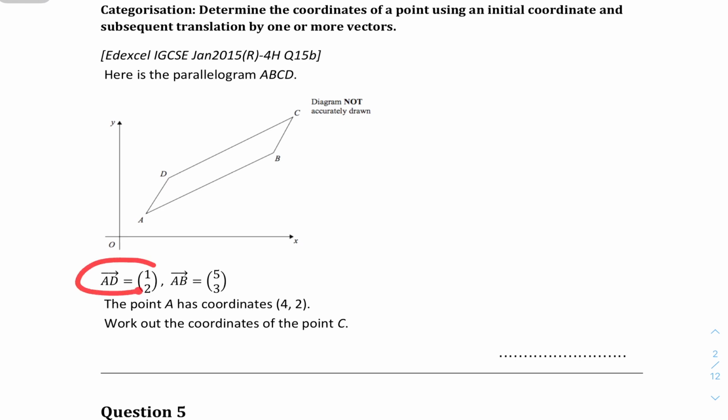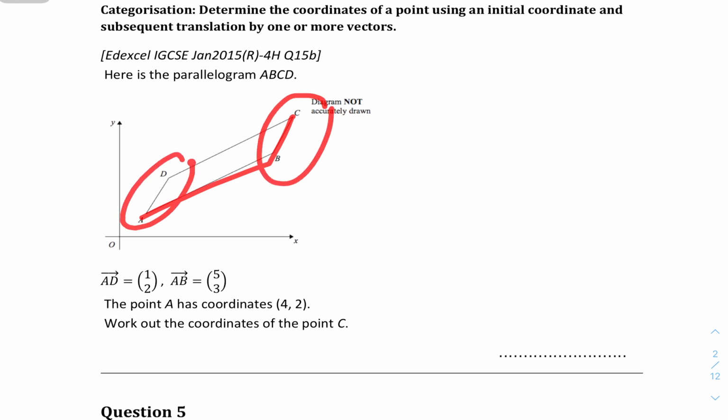So we're given AD, which we can go from here to here, and we're given AB, here to here, A to B. But we need to go from A to C. What we can do is go from A to B and B to C. But because we know that B to C is parallel to A to D, that means they're both the same, so they both have this vector right here, or like we call it the direction vector.